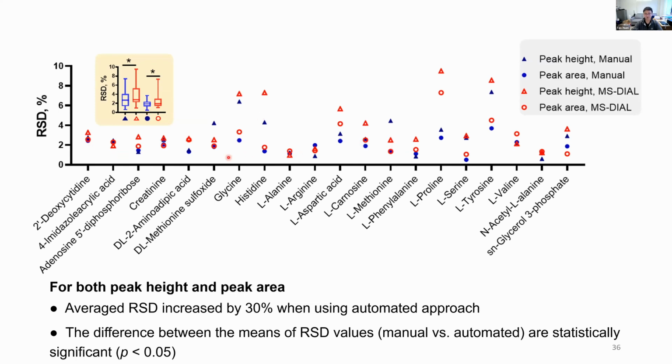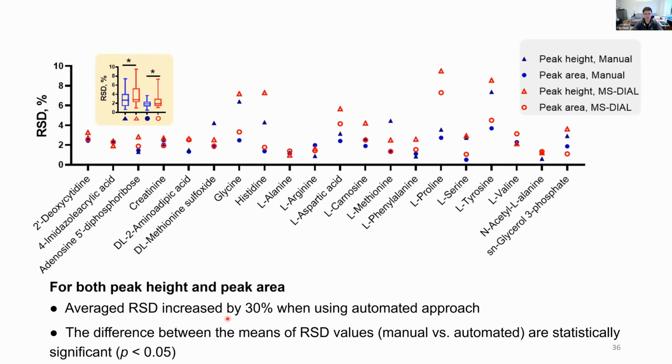We can sum up all those metabolic values and put them in the RSD distribution. In both cases, peak height and peak area, there is statistical significance between the manual picking and the automatic data picking. And we find that the RSD can increase by 30% when using the automated approach.